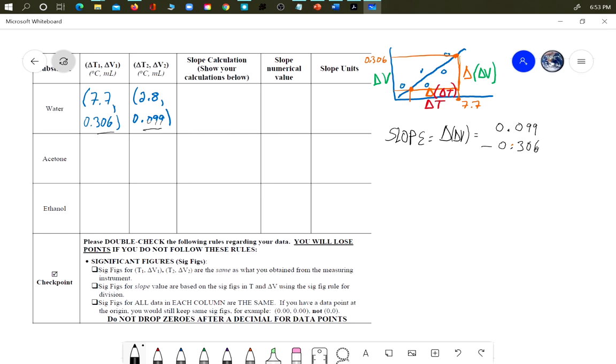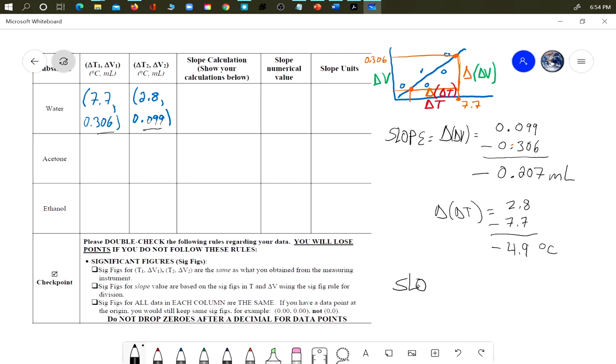So 0.099 minus 0.306, that comes out to be negative 0.207. Now I need to calculate the change in the x variable, delta t, and that is delta t2 minus delta t1, or 2.8 minus 7.7. So 2.8 minus 7.7 comes out to be negative 4.9. And this is in degrees Celsius, and these are milliliters.